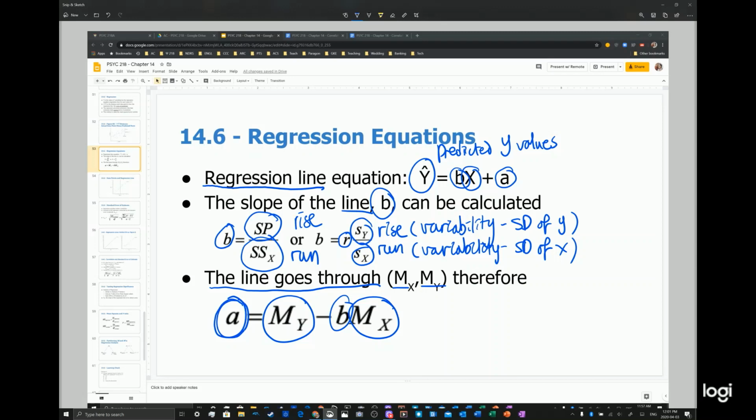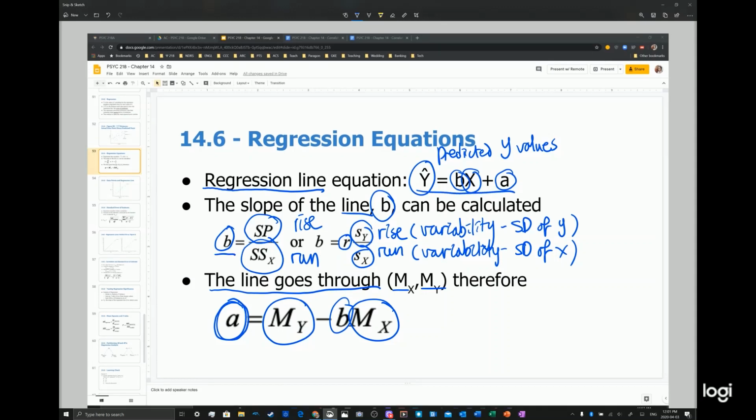So there you go. Your regression line equation, starting with the linear equation itself, y hat equals bx plus a. And then we need to figure out our slope, which is rise over run.